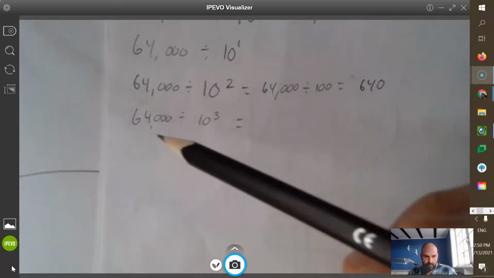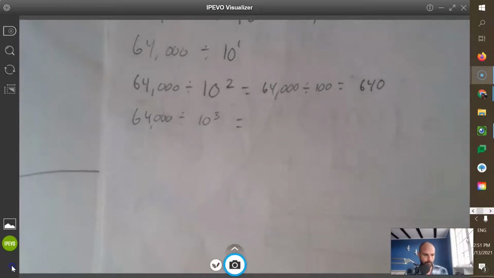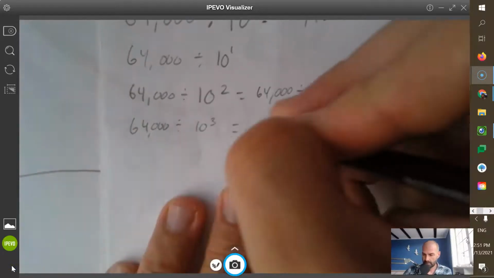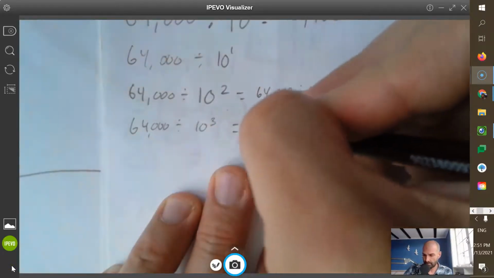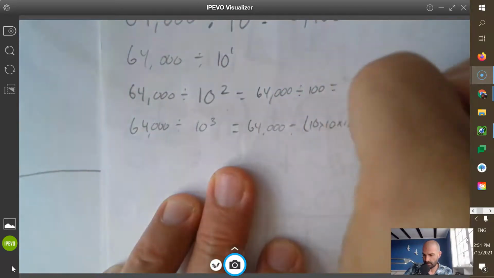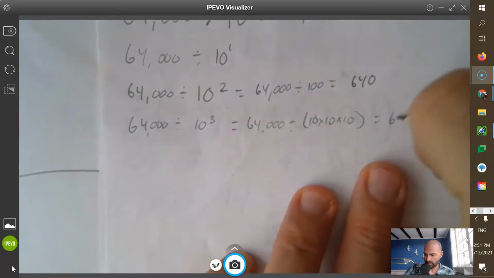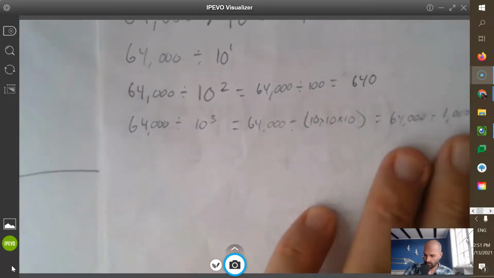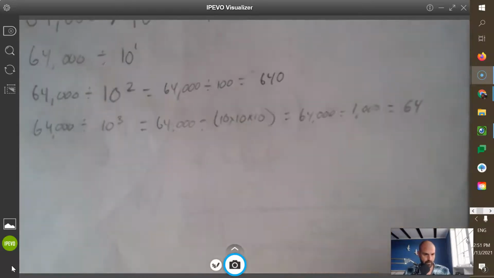What about 64,000 divided by 10 cubed? All right, so this is 64,000 divided by 10 times 10 times 10, which is the same as 64,000 divided by 1,000, which gives us 64.